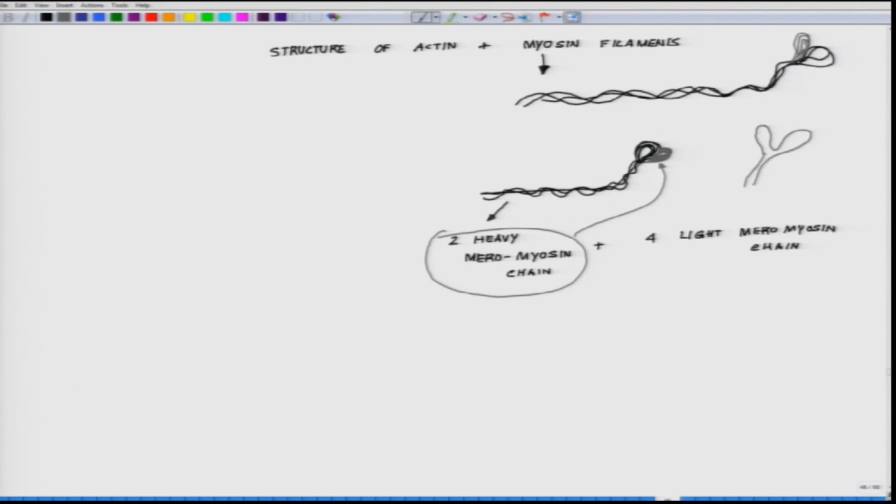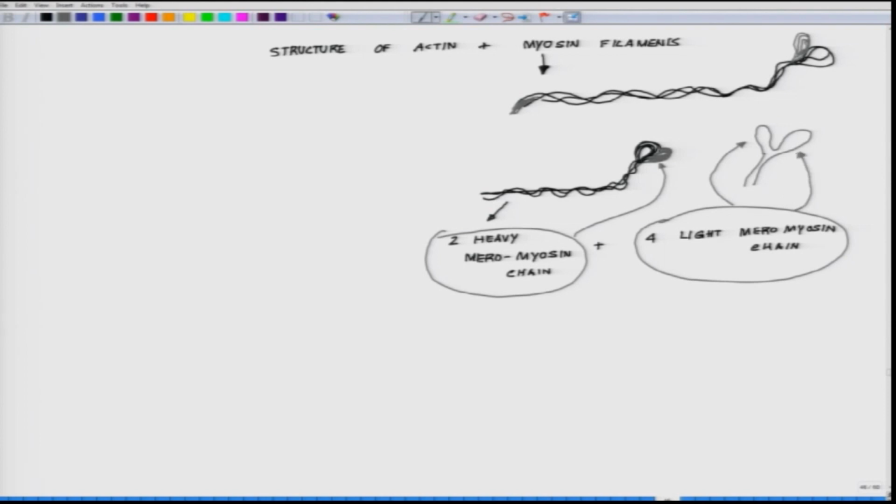This is how it looks, whereas the 2 heavy chains wound together form the 2 heads at one end and a tail at the other. This is where the tail is, where they are attached. Each myosin head also contains 2 of the 4 light chains that make up part of a cross bridge.